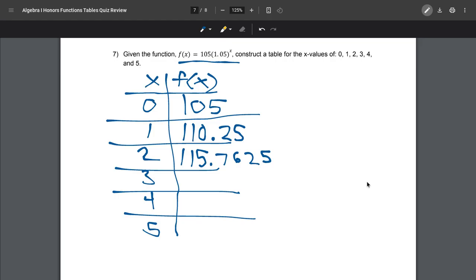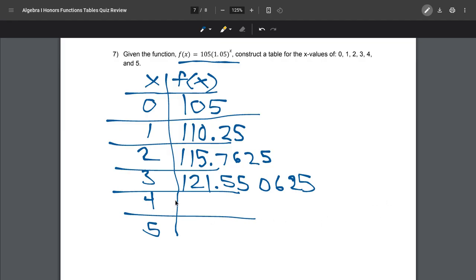Then times 1.05 again, 121.55065, times 1.05 again.